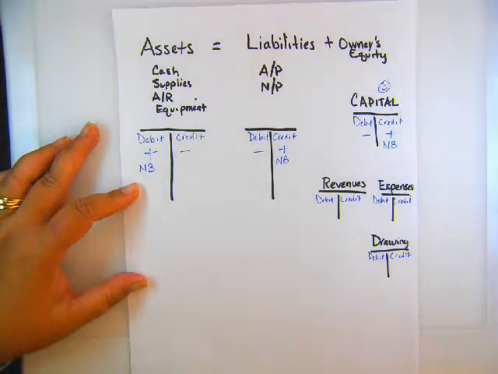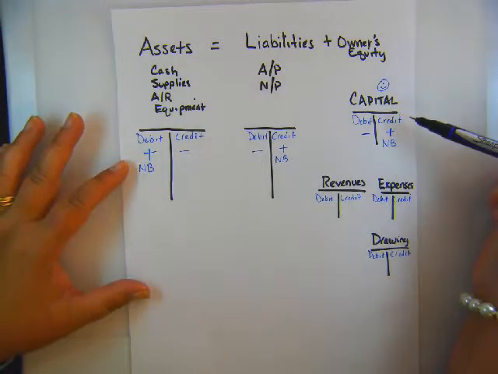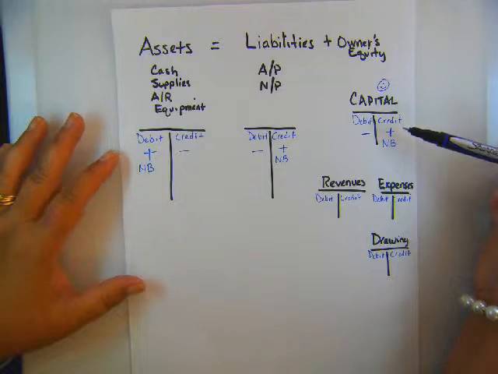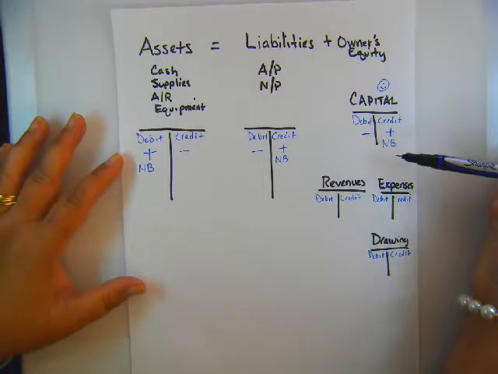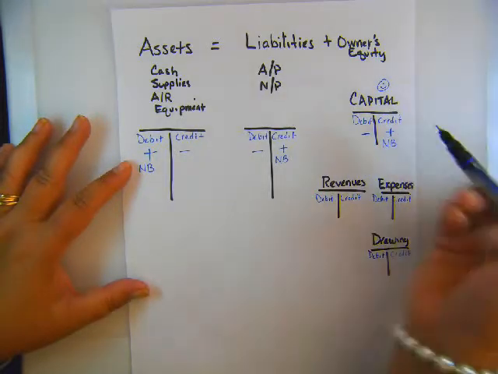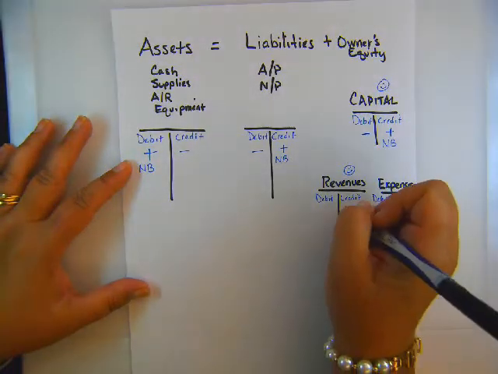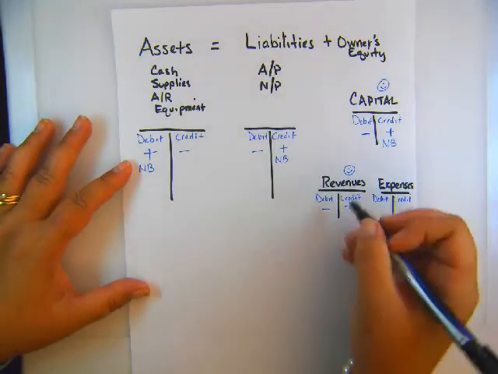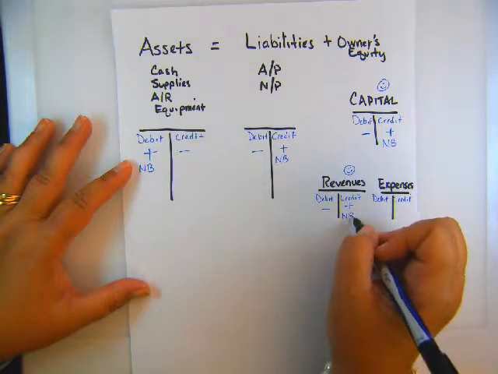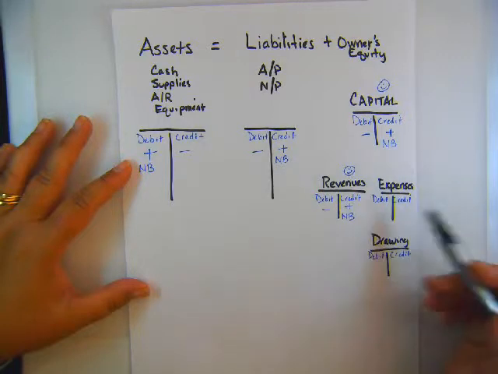Capital represents the residual that the owner has in the business after contributions have been made, after profits have been taken into account, and any personal things that have been withdrawn from the business. So, revenues obviously are good for the business. They make capital happy. They operate like capital. They are increased with a credit, decreased with a debit, and the normal balance side is always the credit side.